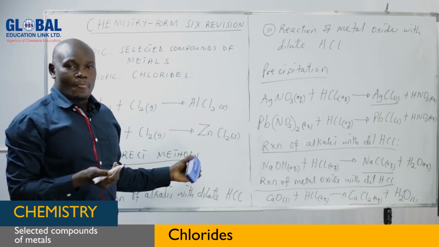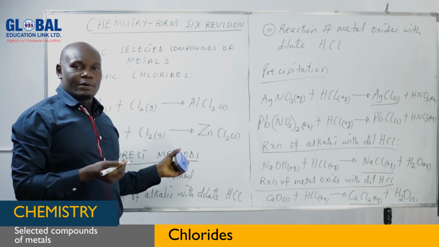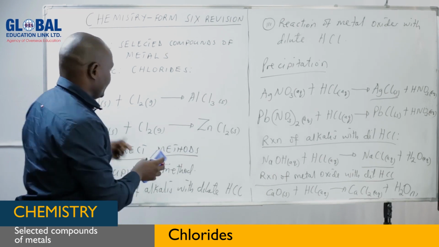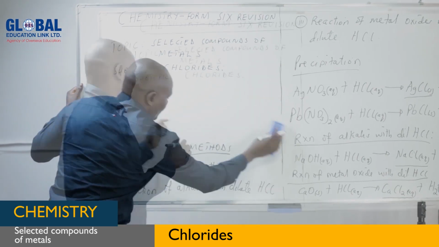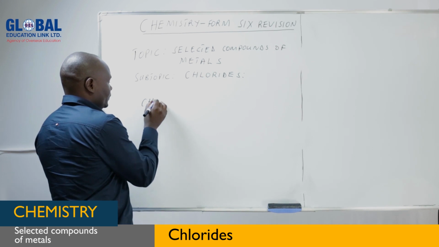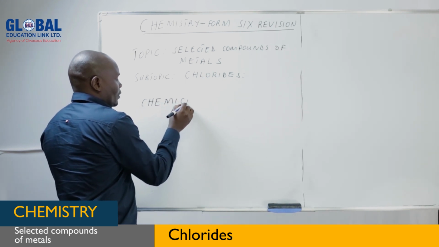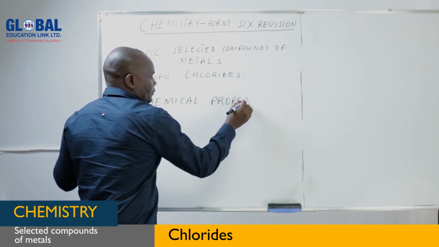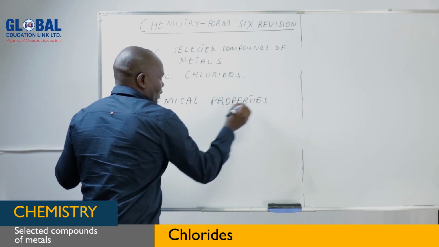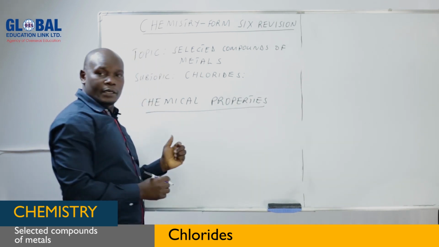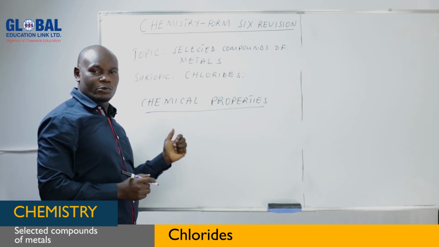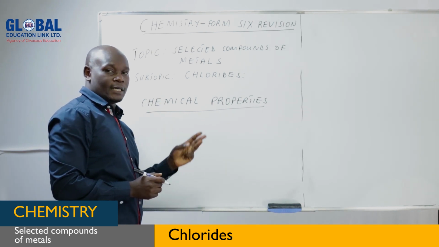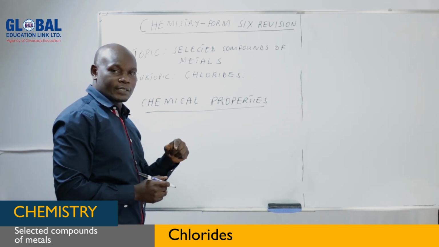So let us now move to another part, which is about the chemical properties of metal chlorides. And here on the chemical properties of metal chlorides, we'll discuss two main chemical properties, which are very, very important for you to understand.